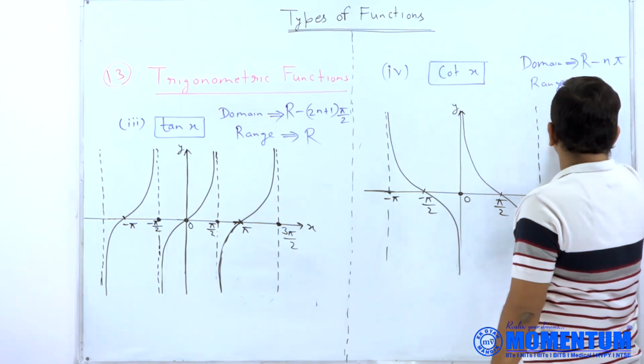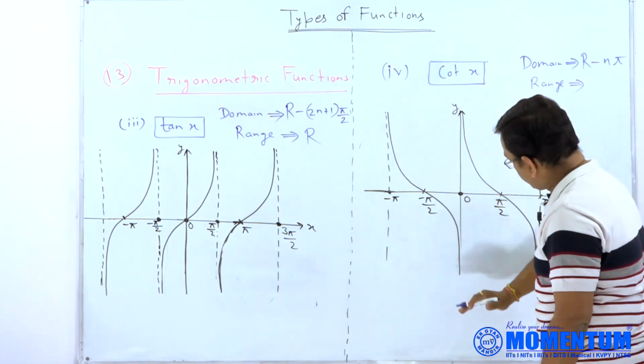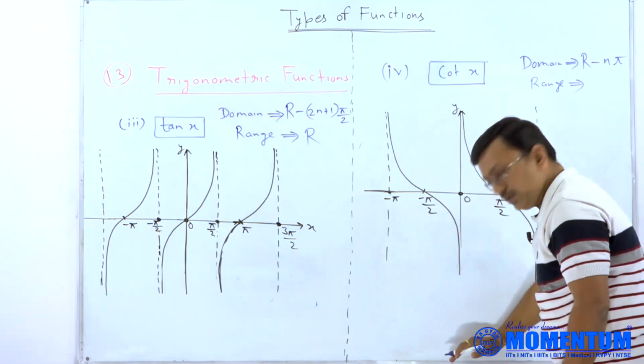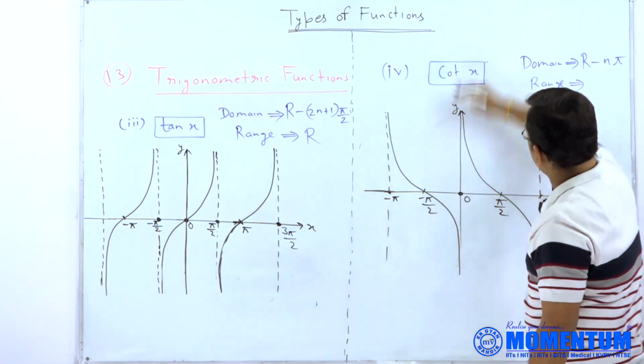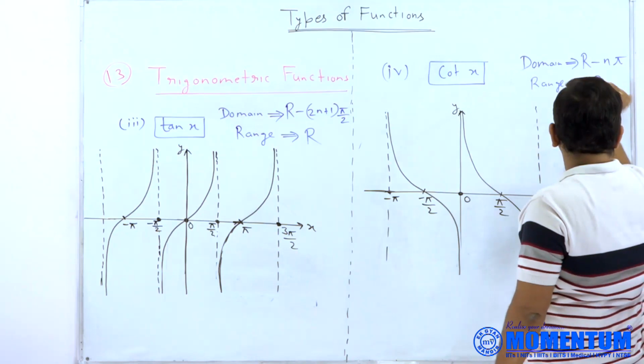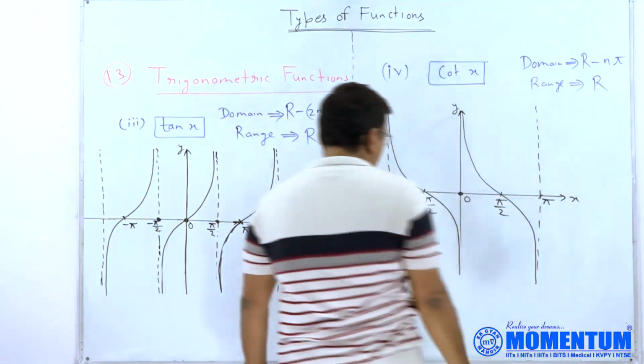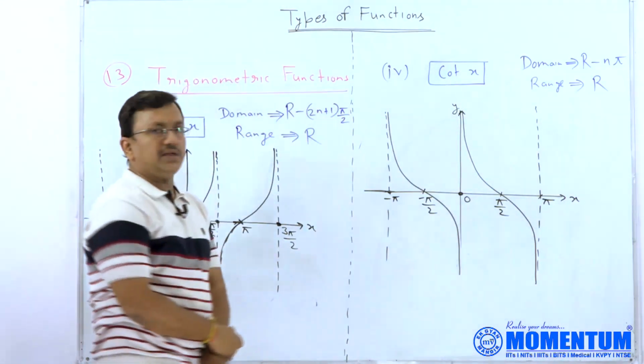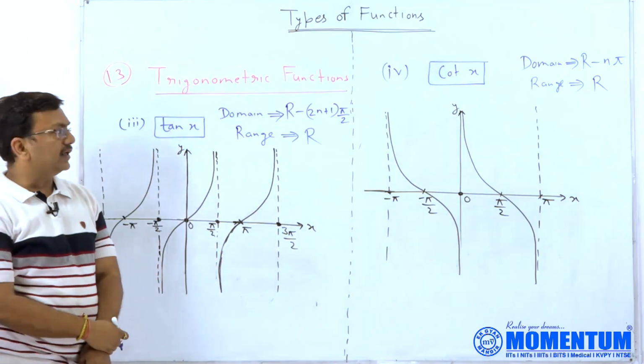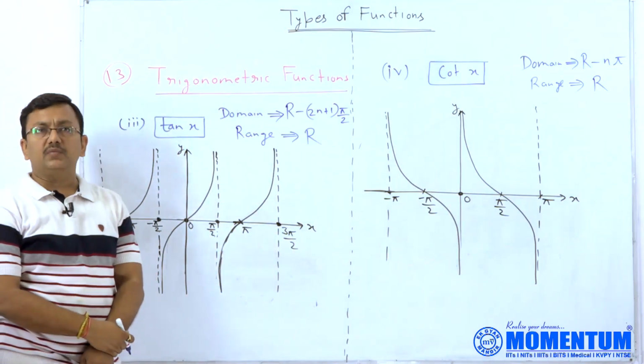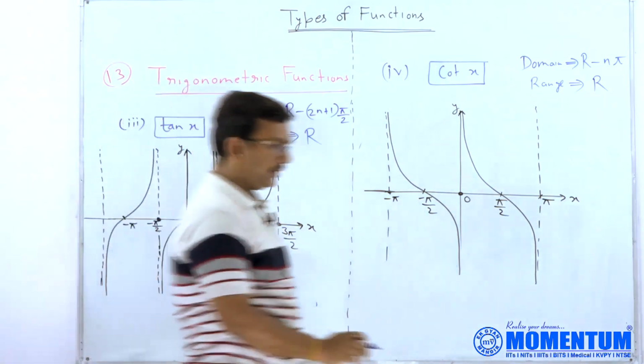What about range? On the y-axis, clearly the graph is going towards minus infinity, and on the positive y-axis plus infinity. In this way, the graph is taking all the real values. So range is all real values and domain is R minus n pi. Okay?